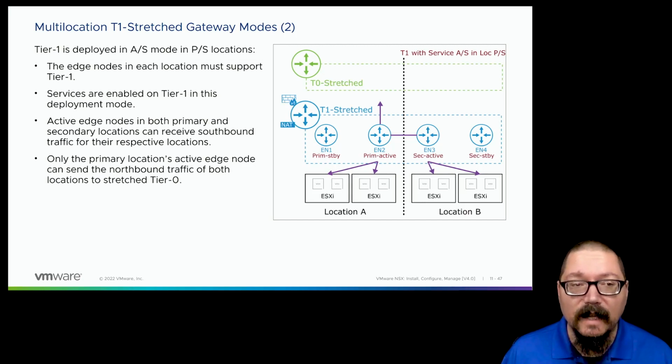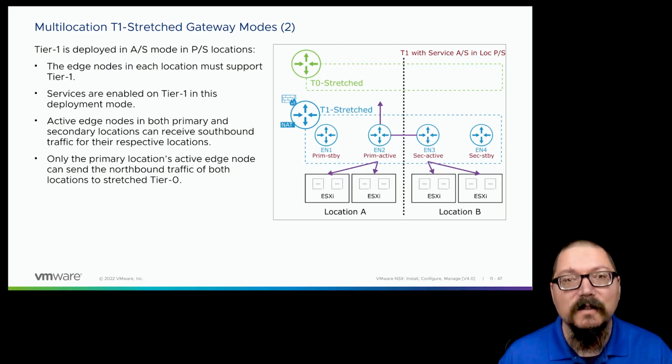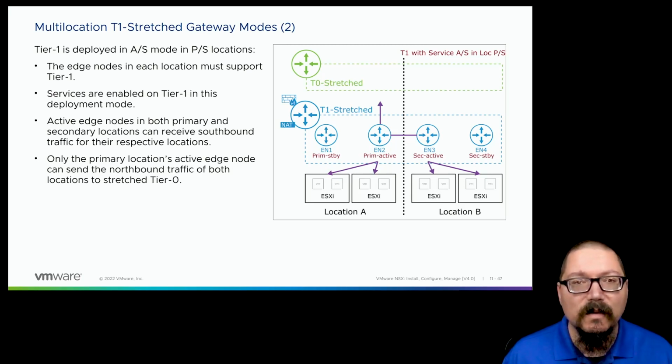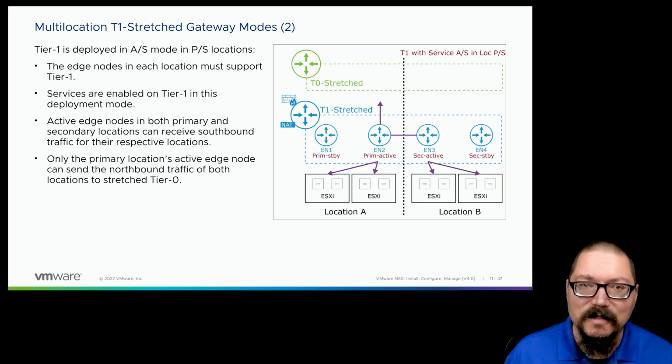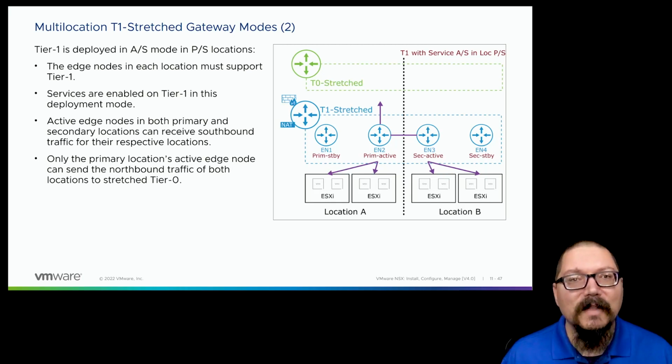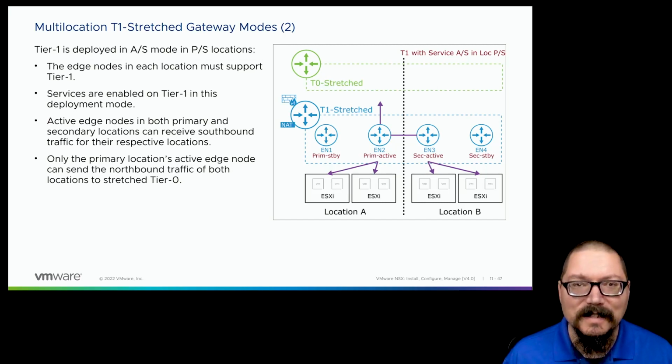So here we've got active standby tier 1 gateway in a primary secondary config. So we'll receive traffic in location B up at the tier 1 service router, and that tier 1 service router in location B, that secondary active tier 1 service router, is going to forward the traffic to the primary active service router in location A. The primary active service router in location A will then forward that traffic up to the Tier 0 gateway.